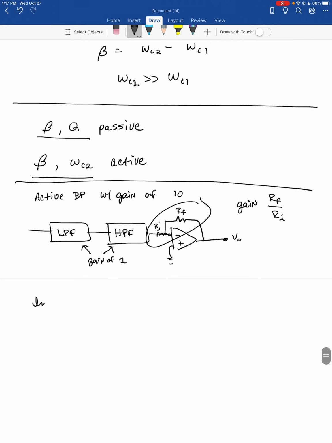Just to review, the gain in dB is 20 times the log of, in this case, 10, and it's log base 10, so 20 times the log of 10, so that would give you the gain in dB. Okay, I'm going to conclude this lecture now.